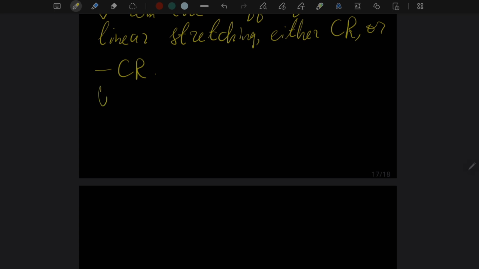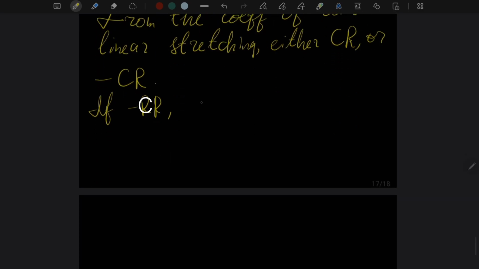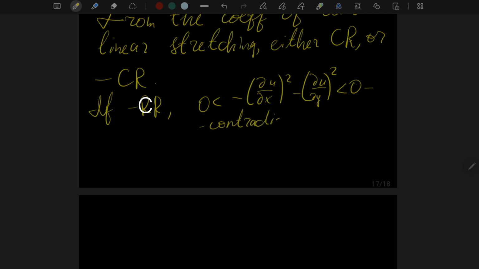So, we get a contradiction that 0 is less than 0, and hence the Cauchy-Riemann equations are true, and f is analytic in omega.